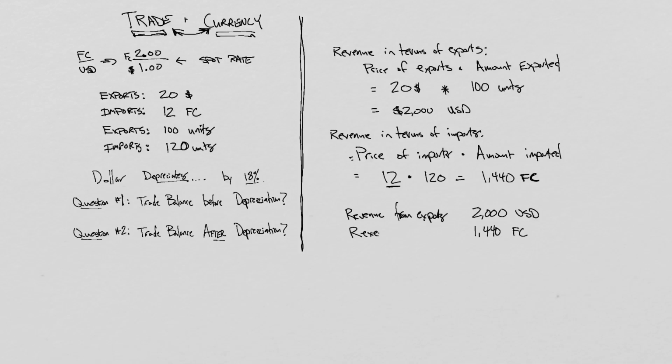So if we need to look at imports in terms of USD, we can take the pre-depreciation exchange rate of 2, and since $1 buys 2 units of foreign currency, then we know that if we're translating, in dollar terms, imports in terms of USD are going to be $720.